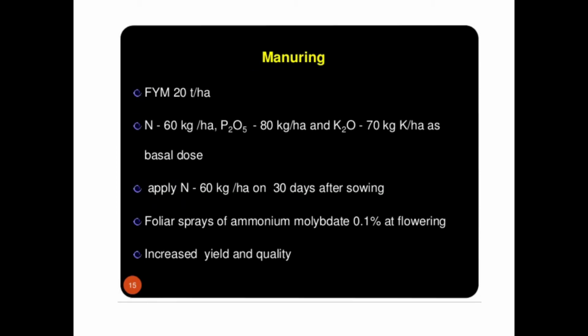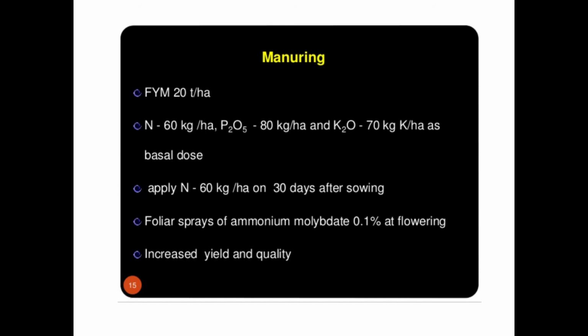Then next, manuring. FYM 20 ton per hectare. NPK dose is given as 60, 80, and 70 kg per hectare: nitrogen 60, phosphorus 80, and potash 70 kg per hectare as a basal dose. Apply nitrogen 60 kg per hectare 30 days after sowing.